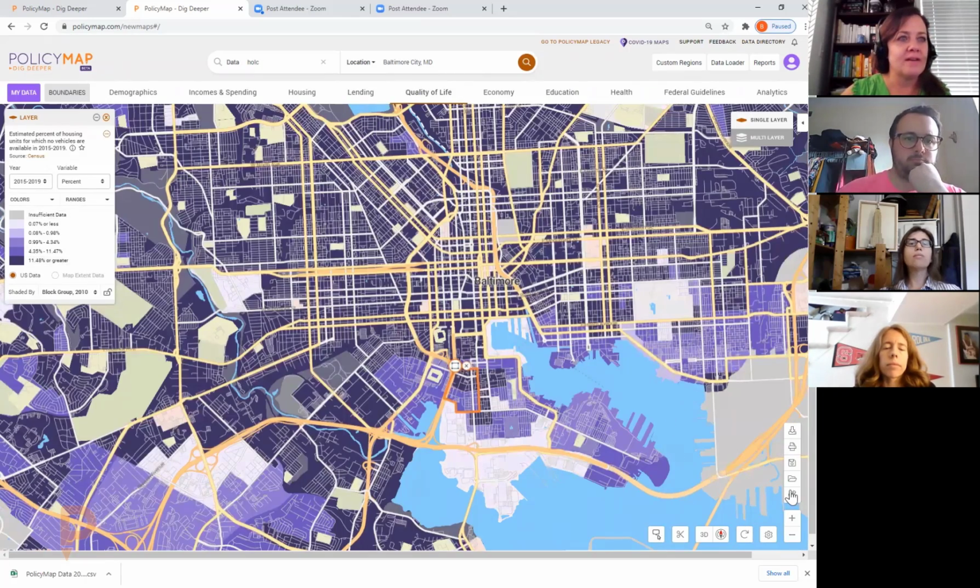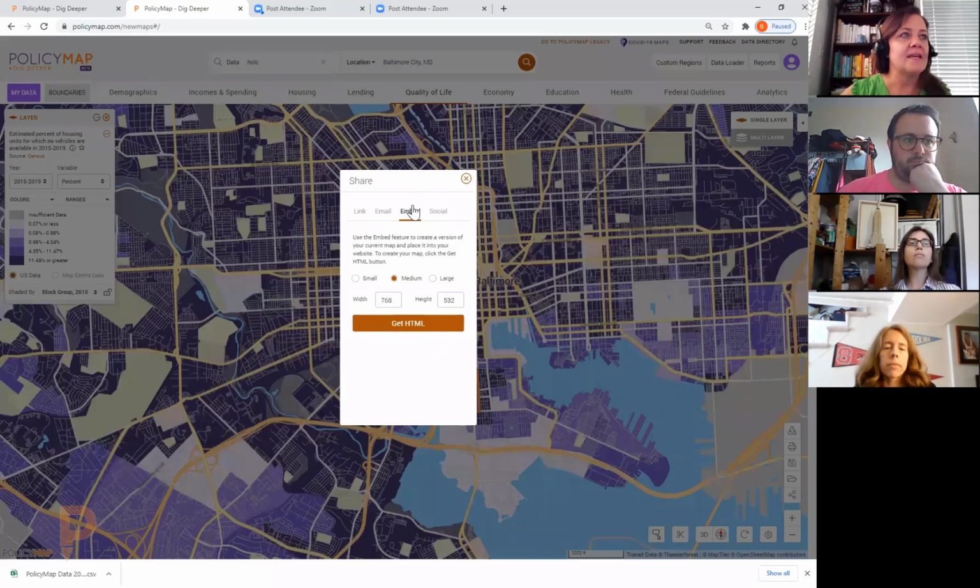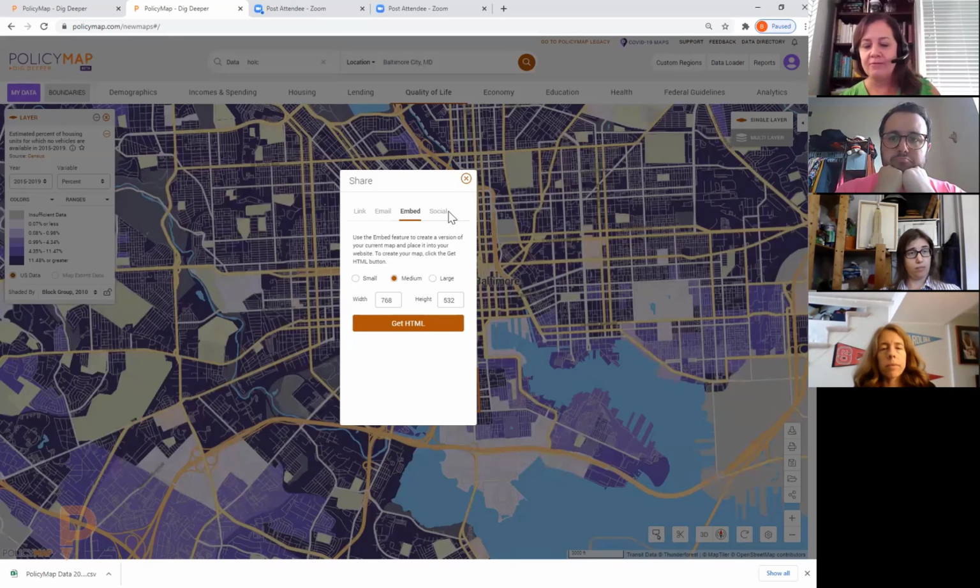If I wanted to share this, I can embed the map, but in the future, I can also share it via Twitter or LinkedIn or whatever tool I'm using. I can email the link, or I can create a tiny URL to share with my students. So you can share your data in a couple of different ways.